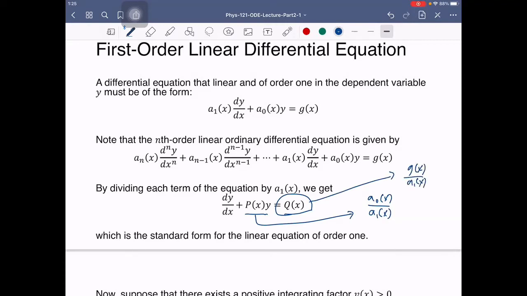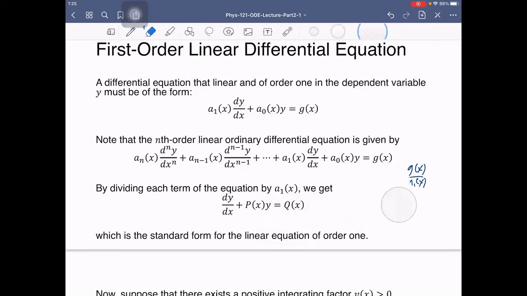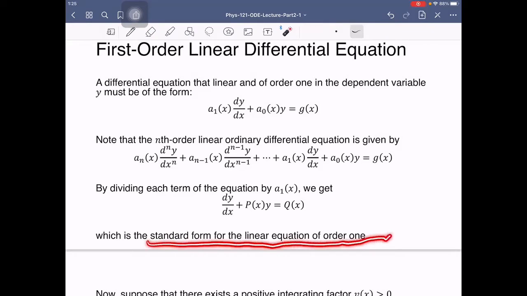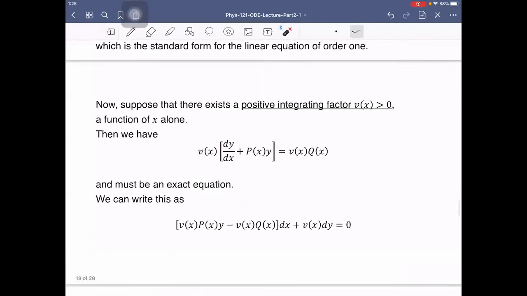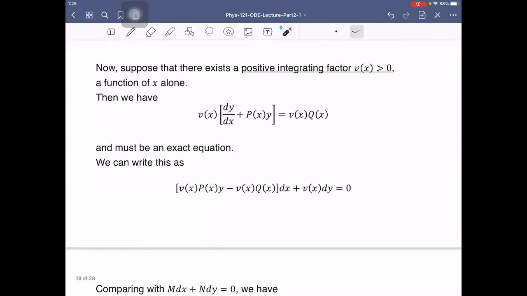Pinalitan lang natin ng another representation para mas madaling isulat. Alright. So, ito yung tinatawag natin na standard form for linear differential equation of order 1. Order 1 kasi first derivative lang. Okay? So, now suppose that there exists a positive integrating factor. Okay? So, let's say v of x, which is positive. So, nakadepende lang siya sa x, no?